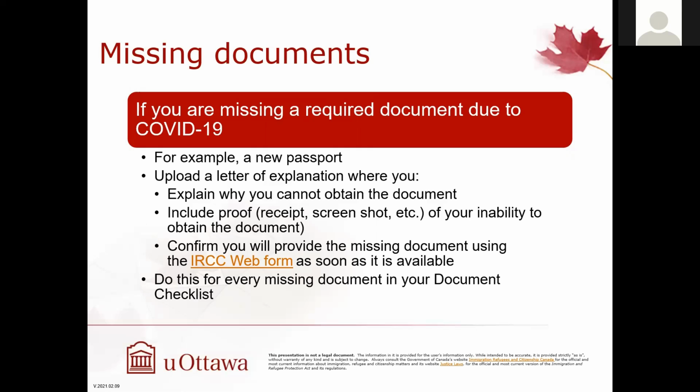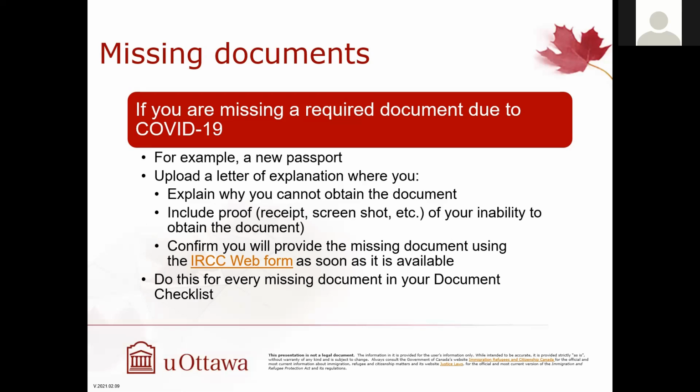So that could happen. And what we would recommend in that case is that you still apply to extend your permit before it expires. That's very important because we want you to maintain your legal status in Canada. But instead of uploading your new passport in that section, upload a letter of explanation where you explain why you can't get the document and include proof.